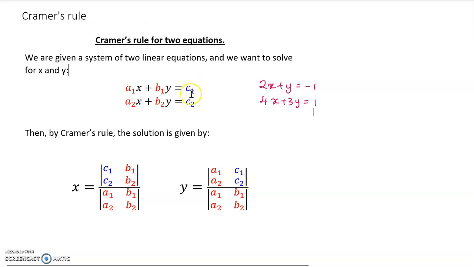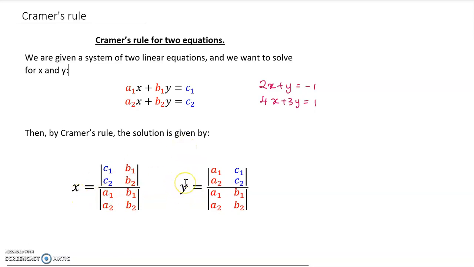So c1 and c2 are basically constants. For the x, you put c1 and c2 in the first column, and the second column remains as b1 and b2. Then you compute the determinant at the top and the determinant at the bottom, do the division, and you get your x.